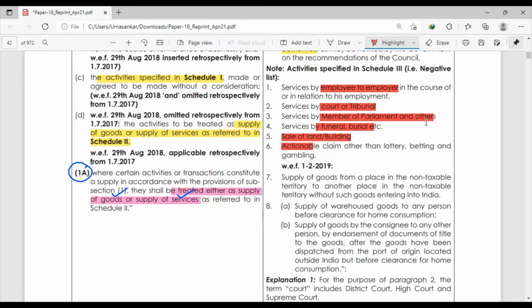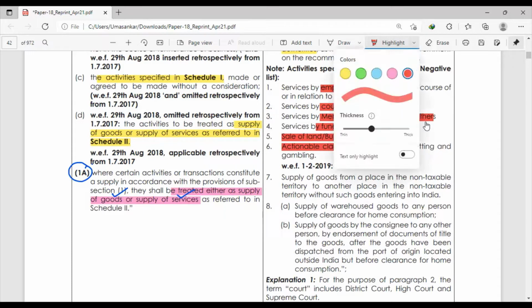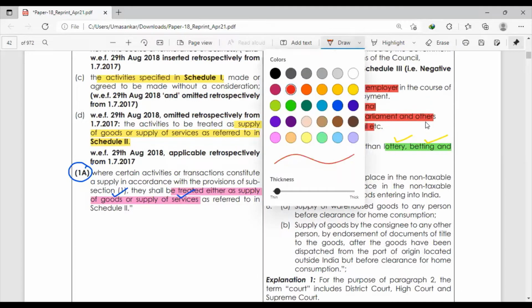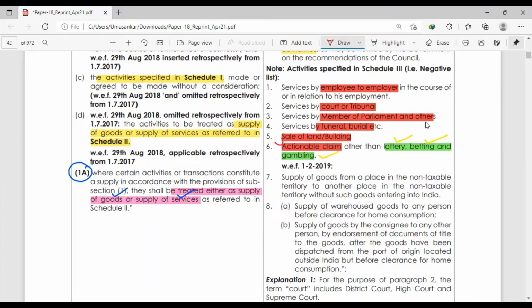Then actionable claims, but other than lottery, betting, and gambling, will be considered as supply. You need to give more importance to this. Lottery, betting, and gambling will be supply, but other actionable claims will not.